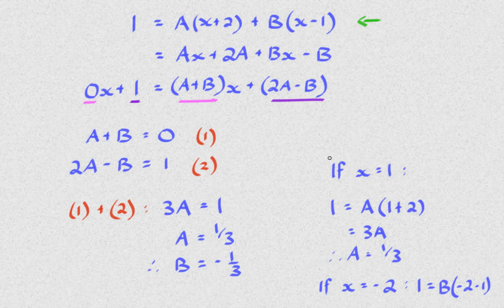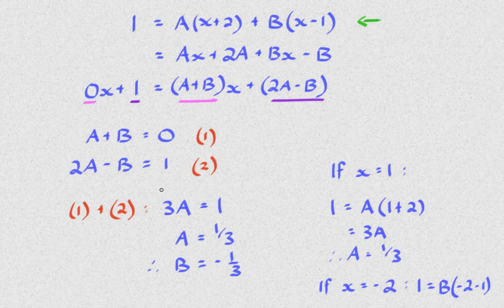So that's like a little hack, a little shortcut way to do it. So you don't necessarily have to equate coefficients, but that definitely works. And in this case, it wasn't particularly hard to go through our simultaneous equations approach, but this is really nice as well to do that. So we will try and look out for that with more examples as we go.